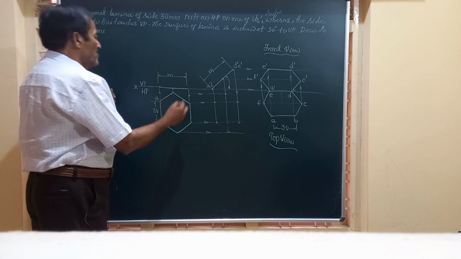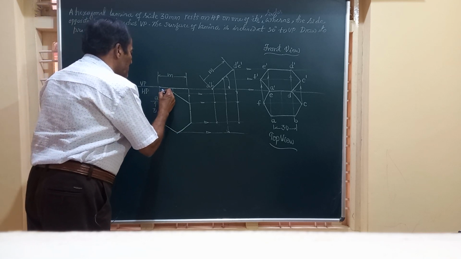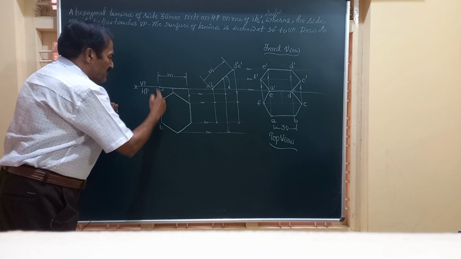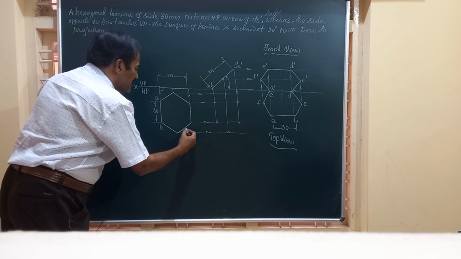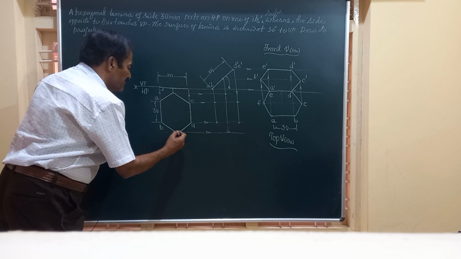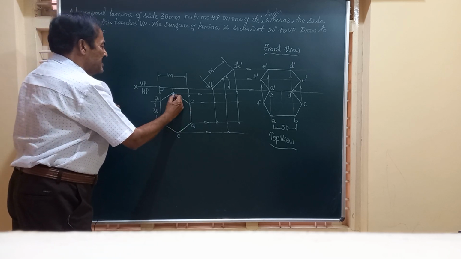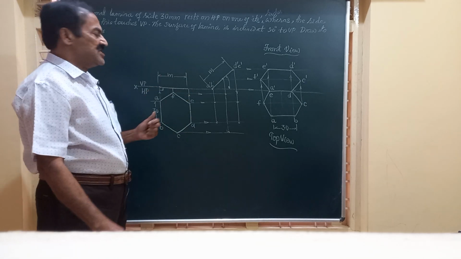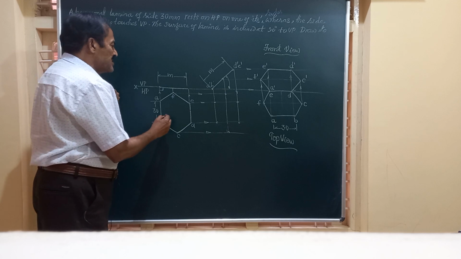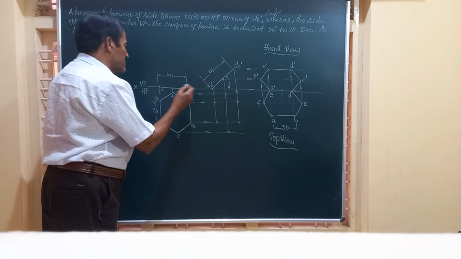So I am going to construct a hexagon of the given side 30 mm, wherein the side AB of the lamina is perpendicular to VP, and even this DE is also perpendicular to VP. Let us name these corners as A, B, C, D, E and F. This is the top view of the lamina, and corresponding to this we are going to get the front view as a line on XY.